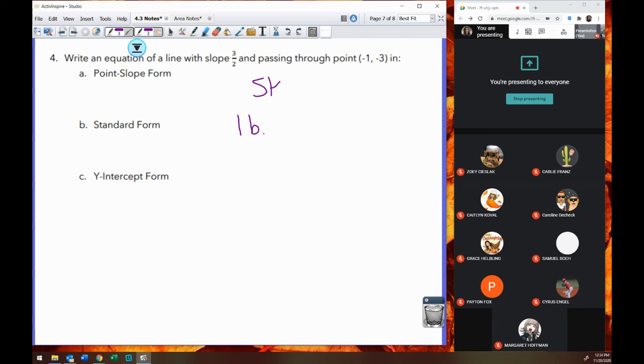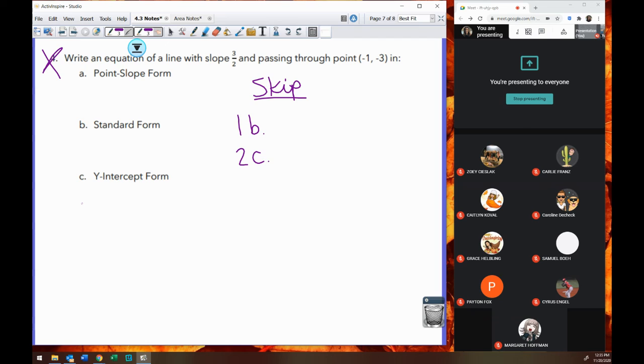This is everything you're skipping. 2C. That's it. We're not doing question 4, because I think the third form is going to end up being too much. So skip 1B in the homework, skip 2C in the homework.